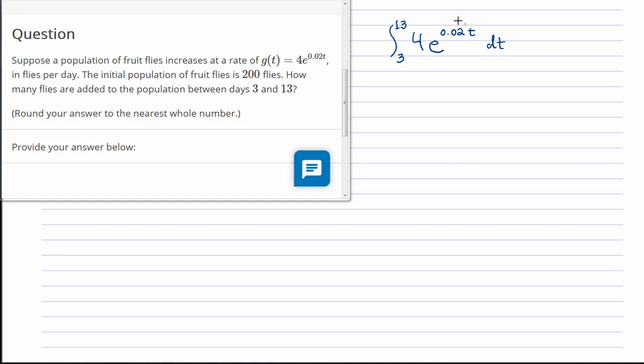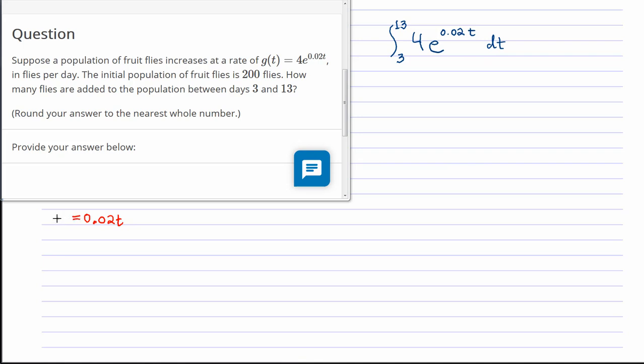Okay, well, so this is kind of a complicated function here. When I look at this, I see an inside and an outside function. I see that there's sort of an inside function of 0.02 times t.